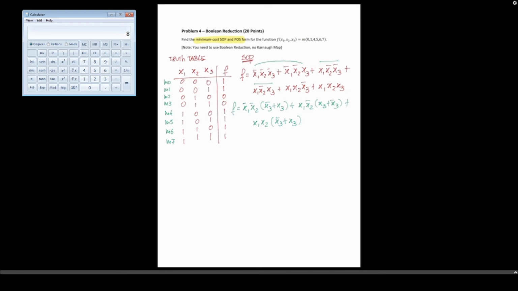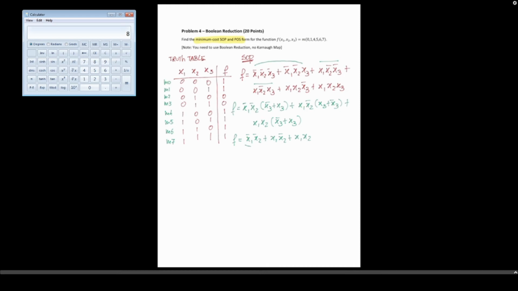Alright, great. So I know that all of these are going to be equal to 1. I get rid of all those x3s, and I get f equal to x1, x2 negated, or x1, x2. Alright, let's keep going further because I can still simplify this. The cool part now is that I can put this one together with this one.